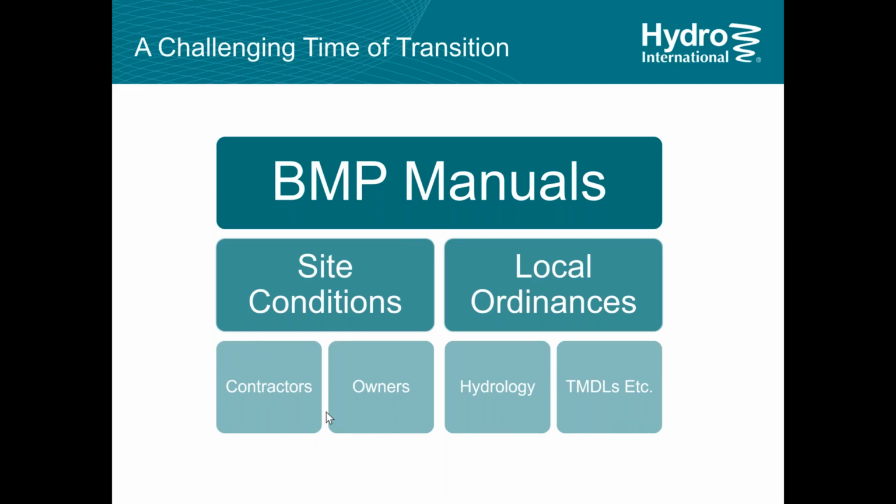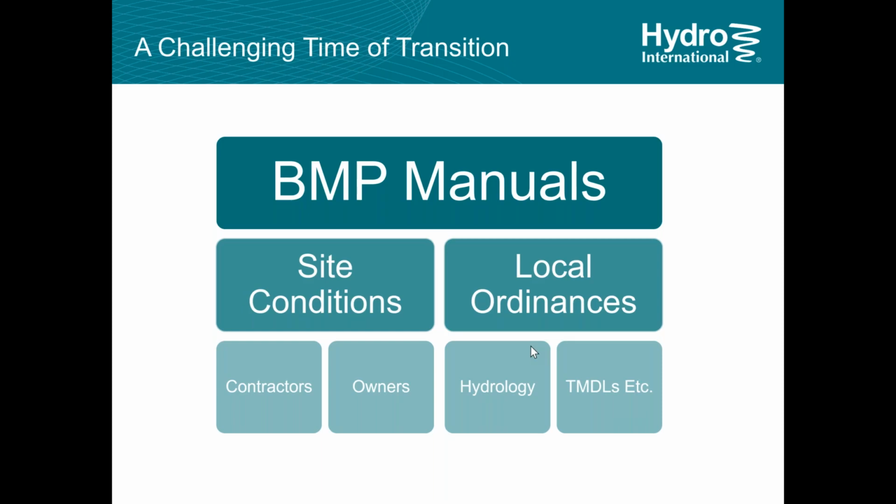You've got contractors and owners who have their own motivations around the development of their site that maybe don't square with the ideals of infiltration. You also have local ordinances that might be slightly contradictory to what needs to be done for infiltration, and I'll get into that a little bit.